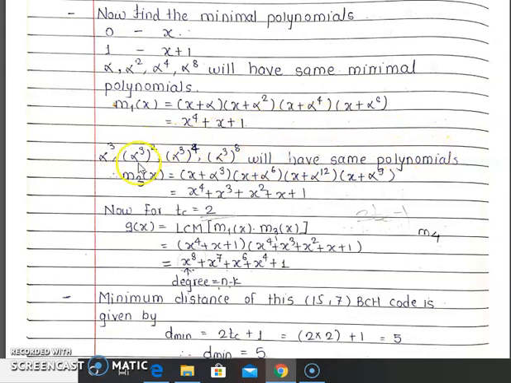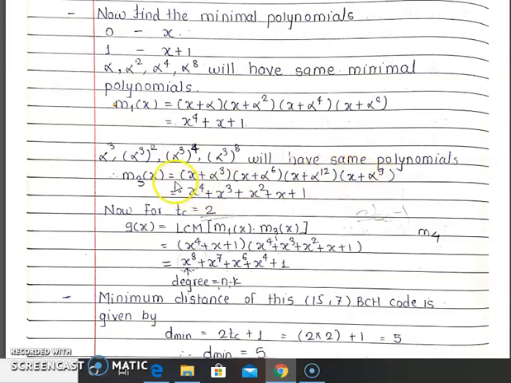Now this group means alpha cube, alpha 6, alpha 12, and here alpha 24 should be there, but that 24 is nothing but alpha 15 into alpha 9. As alpha 15 is equal to 1, alpha 24 is coming alpha 9.